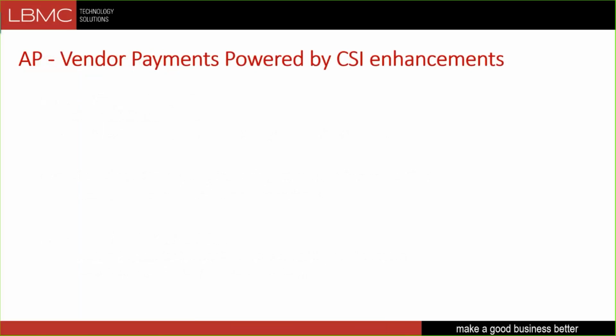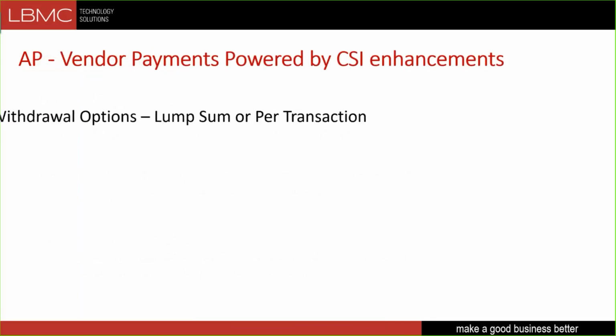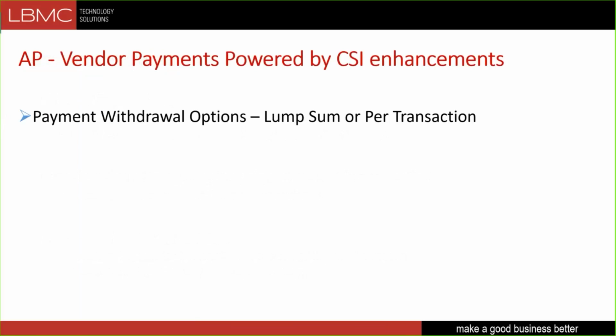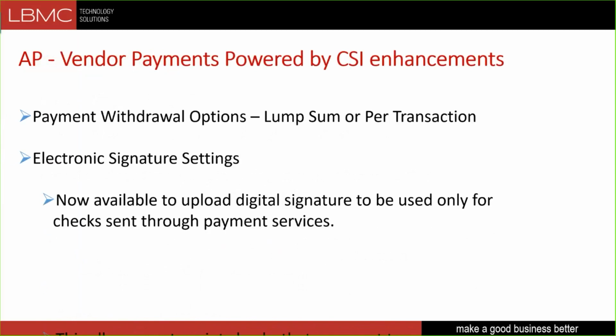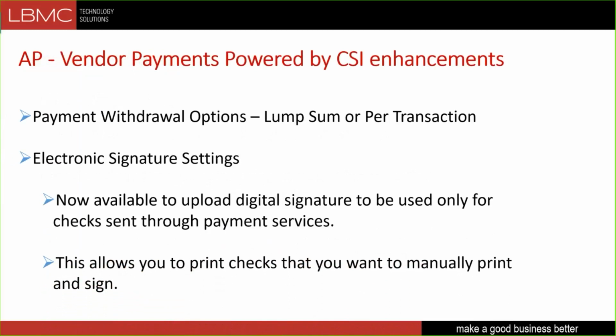The enhancements from the early adopter program for vendor payments by CSI have to do with the payment withdrawal options, as I mentioned earlier. You can now select how you want funds withdrawn from your bank account. You can choose a lump sum option, or you can choose per transaction.